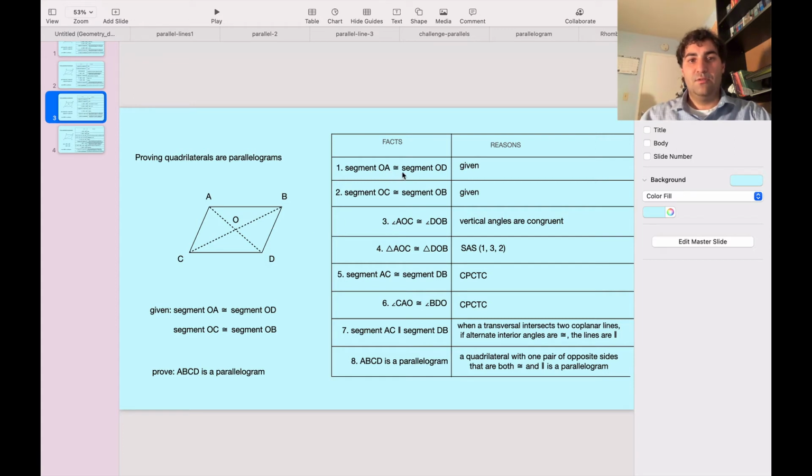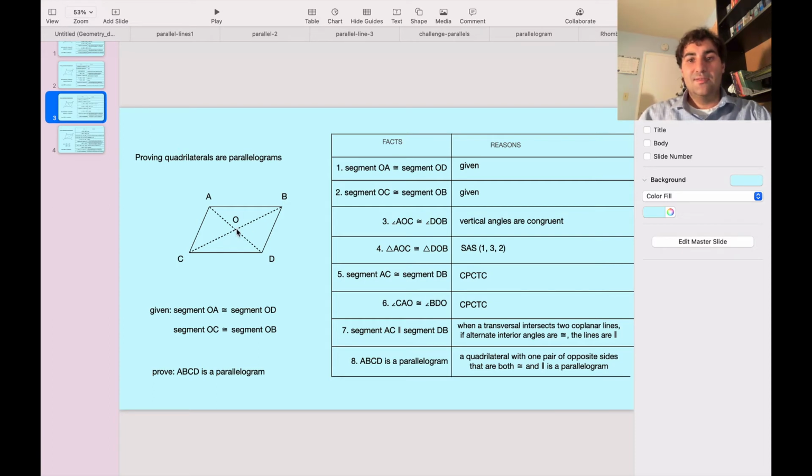So let's write what we know. We know that segment OA is congruent to segment OD. We know that segment OC is congruent to segment OB. Now I'm going to look at this angle here, angle AOC, and this angle here, angle DOB, and they're vertical angles, right? You can see that inverted V shape joined together at a common point.